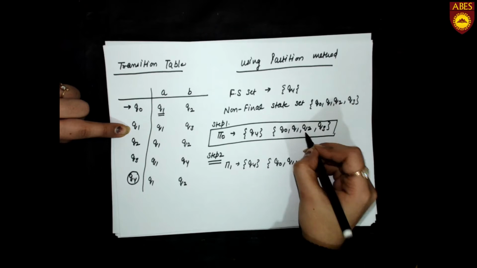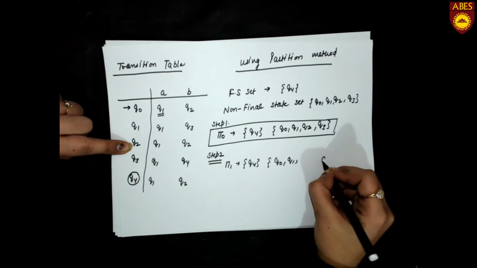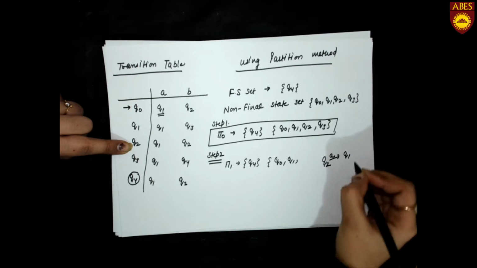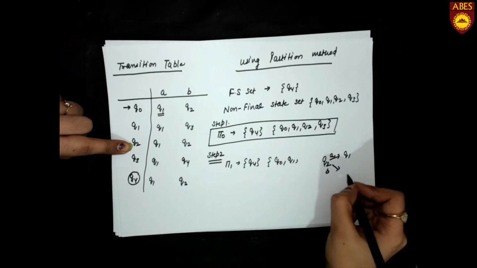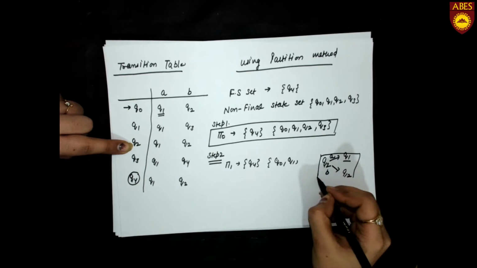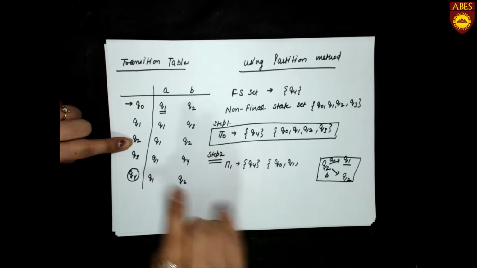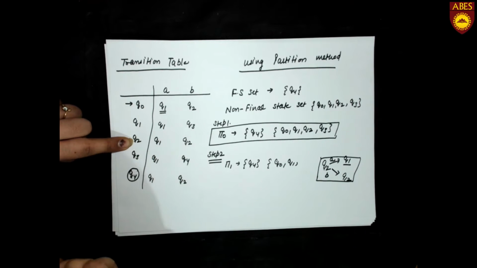Now we will take another state, Q2. In case of Q2, when we apply input A, the output state is Q1. When we apply input B, the output state is Q2. We will see the relationship between Q0 and Q2. In case of Q0, when we apply A, the output state is Q1.